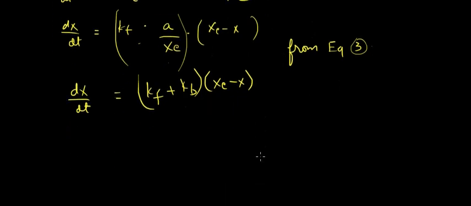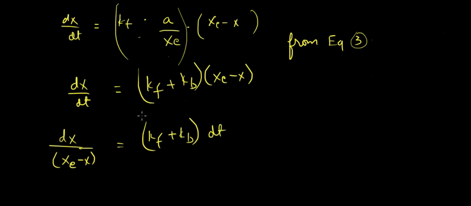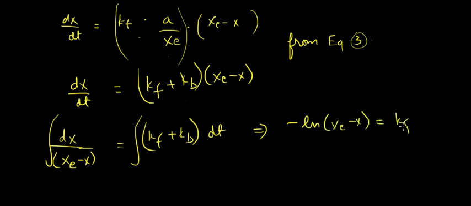Okay, so now shifting the terms to LHS and dt to RHS and then integrating, we would be getting that minus ln of xe minus x would be equal to kf plus kb times t plus c.